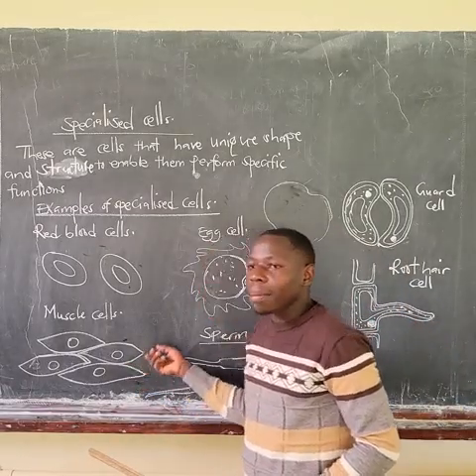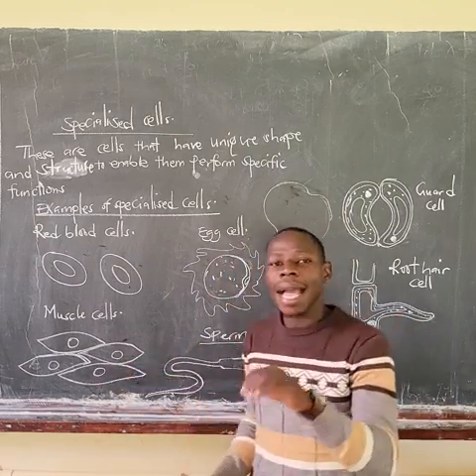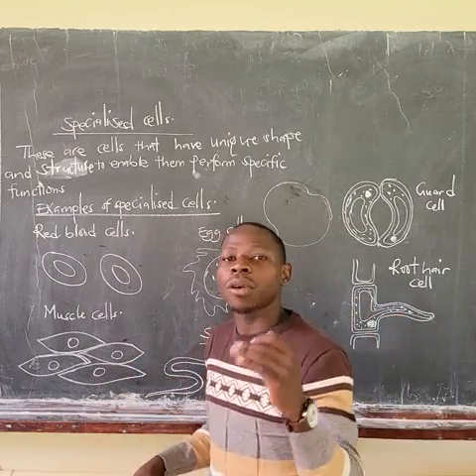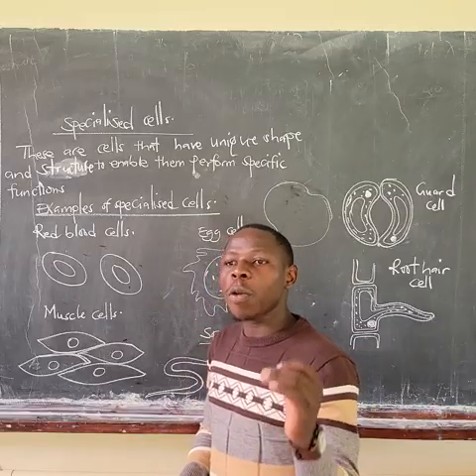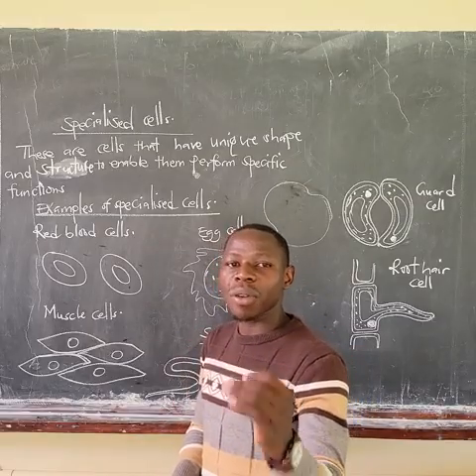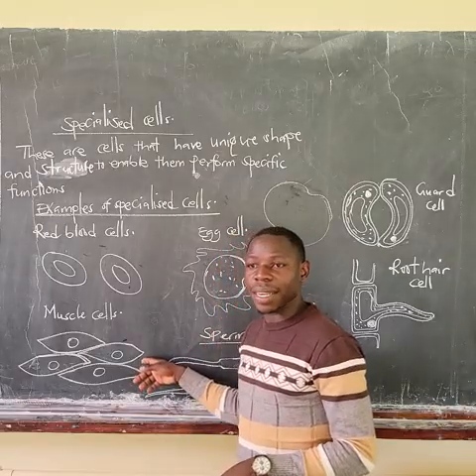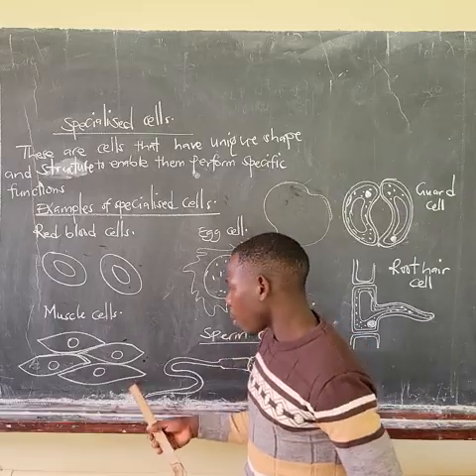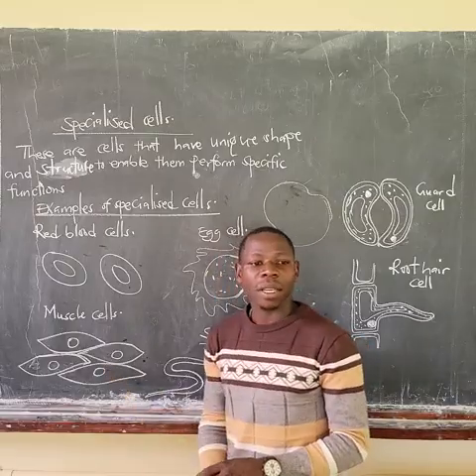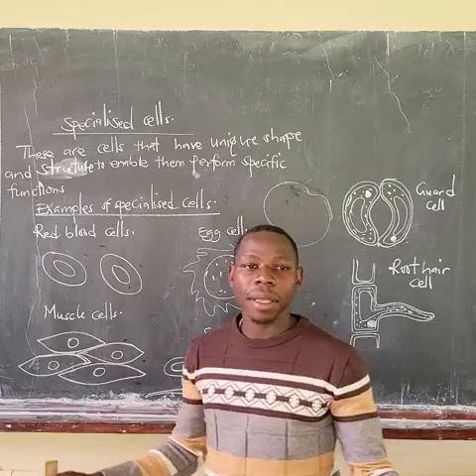The cells of the muscles have a large amount of mitochondria. In the previous session we said mitochondria are responsible for energy production. They are sites where energy is produced in a cell. Now, these muscle cells help us to move, help us to talk, help us to do everything.